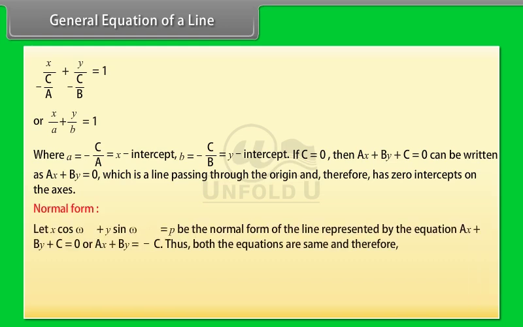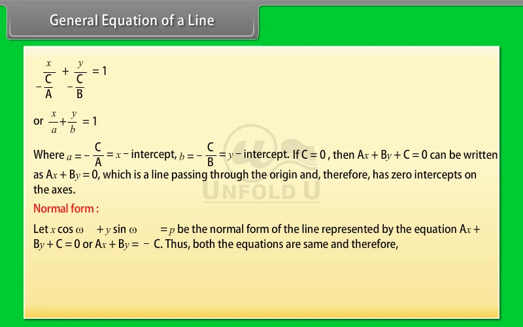Normal form. Let x cos omega plus y sin omega is equal to p be the normal form of the line represented by the equation ax plus by plus c is equal to 0, or ax plus by is equal to minus c.